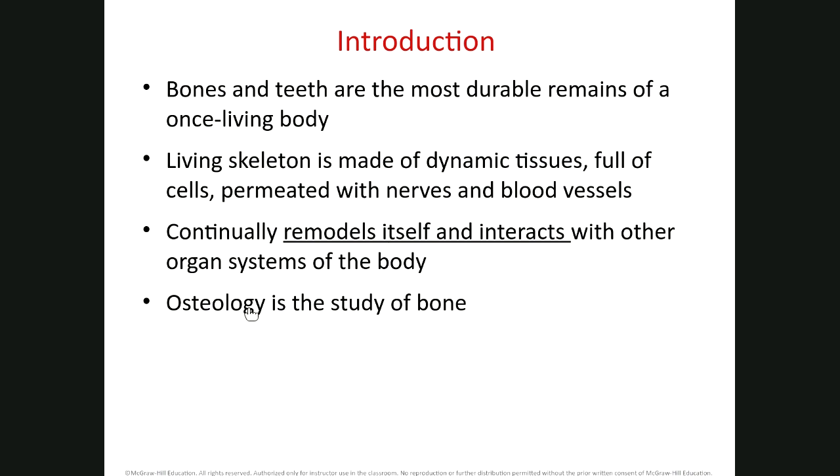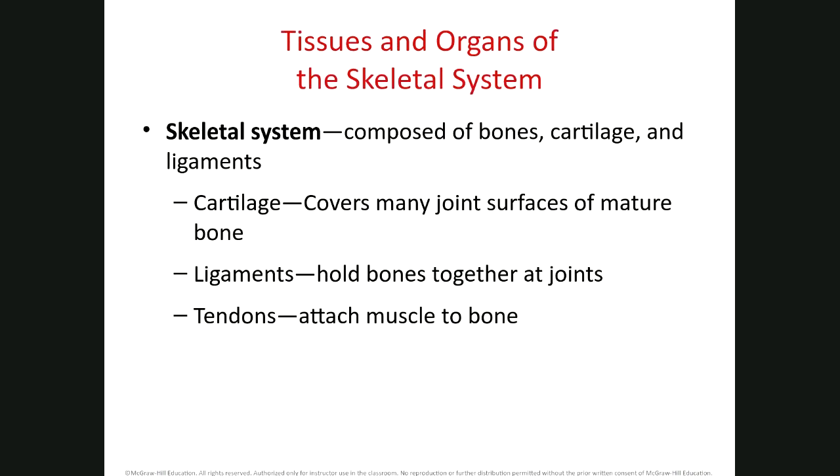Osteology, of course, is the study of bone. So when you see that prefix osteo, that means bone. What kind of tissues are going to make up the skeletal system? Well, of course, bones will make up the skeletal system, but also remember, cartilage and ligaments are considered part of the skeletal system. All right, so cartilage we're going to find associated with joints for the most part.